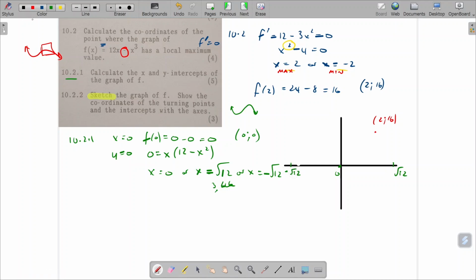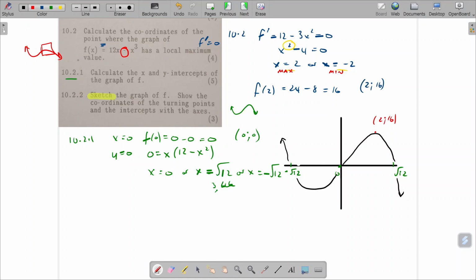And because this function is a negative cubic, it will have this sort of shape. It will be coming in from the top left. It's got to turn and get through 0, it's got to turn at 2 and 16 and come through root 12 and exit.